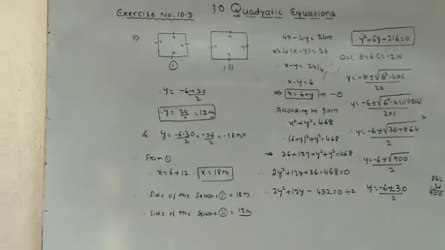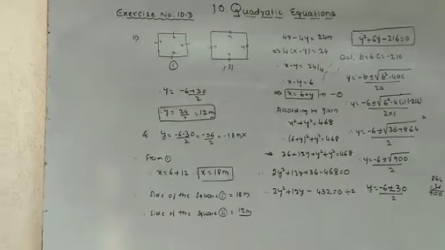That is 36 plus 864, which gives exactly 900, divided by 2.